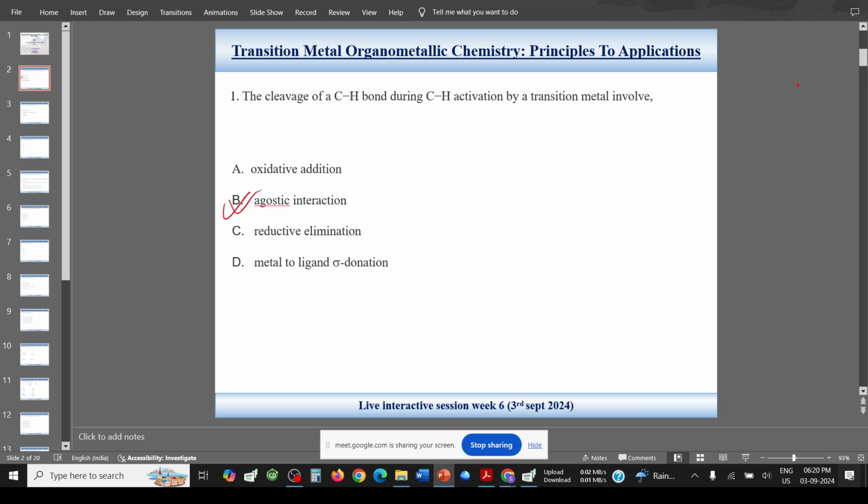So this question also: the cleavage of the CH bond during CH activation by a transition metal involves obviously the agostic interaction.